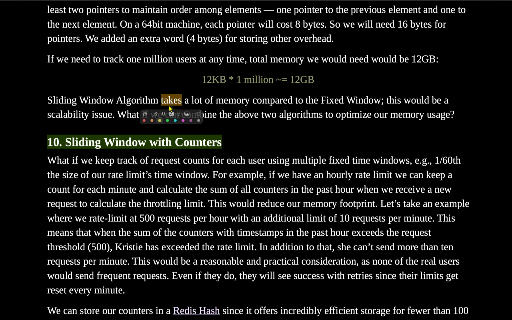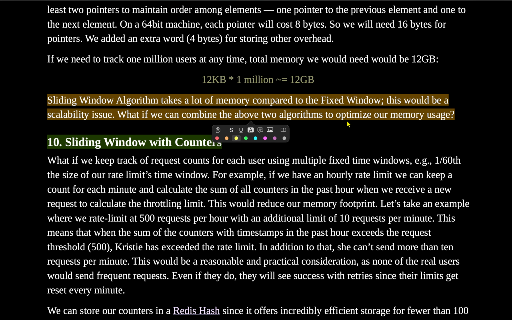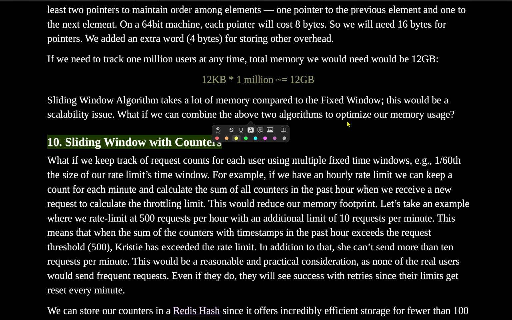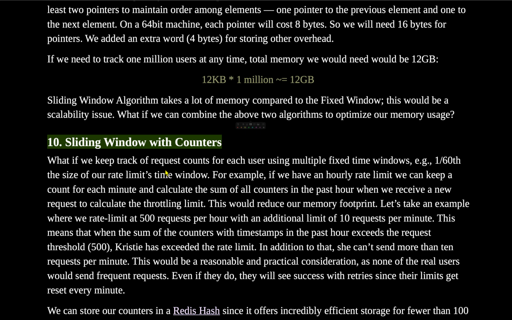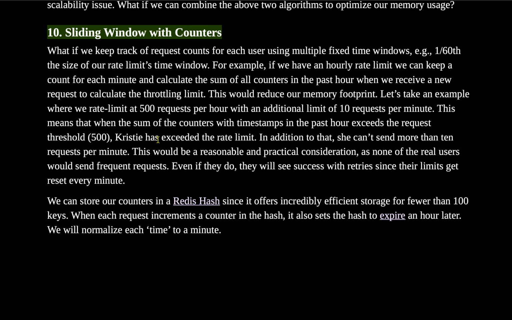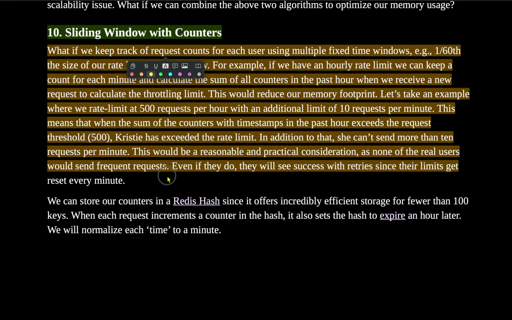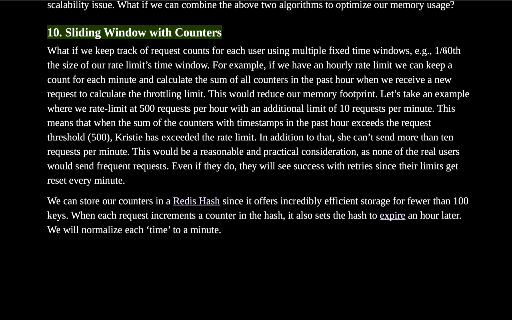Sliding window algorithm takes a lot of memory compared to fixed window. This would be a scalability issue, so can we combine the two algorithms to optimize our memory? Yes, we can. So, sliding window with counters. What if we keep track of our request counts for each user using multiple fixed time windows, for example 1/60th of the size of our rate limit's time window?